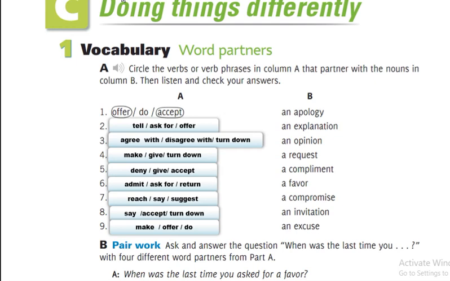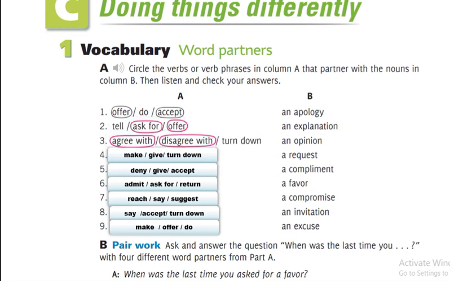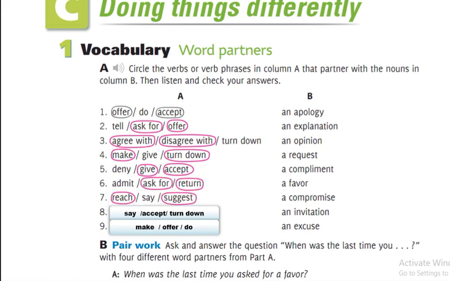An explanation is ask for and offer an explanation, agree with and disagree with an opinion, then make and turn down a request, then give and accept a compliment, ask for and return a favor, reach and suggest a compromise, and accept and turn down an invitation, and finally, make and offer an excuse. These are collocations of the next nouns.